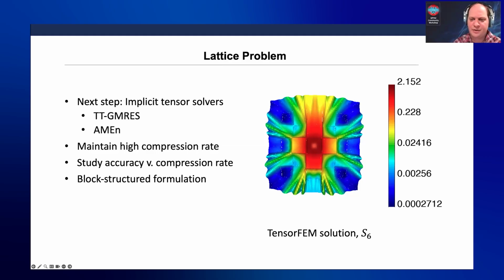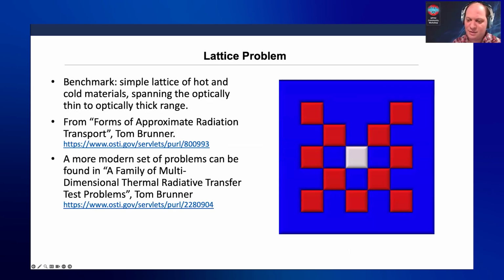We're also interested in a block structured formulation. This will be interesting if you have multiple state vectors, or a state vector that isn't just a scalar equation but a system of equations, and also if I want to do a spatially decomposed problem. That isn't just a parallelism thing. In fact, on each block of this lattice problem, we might want a tensor train per block.